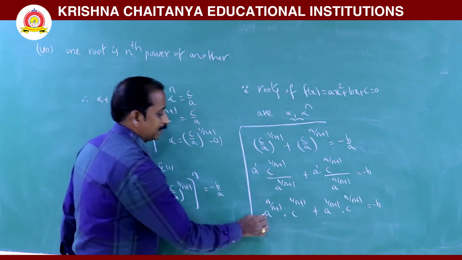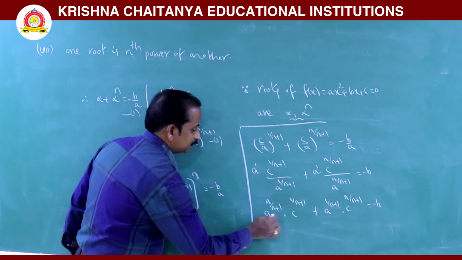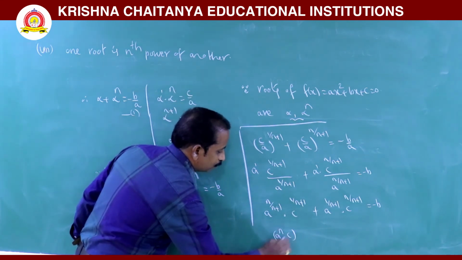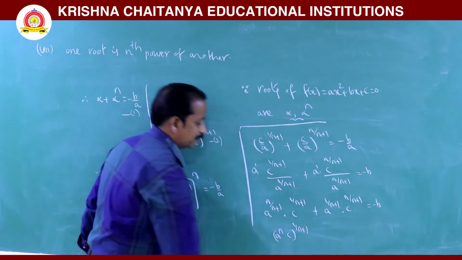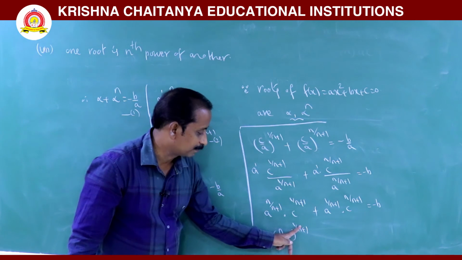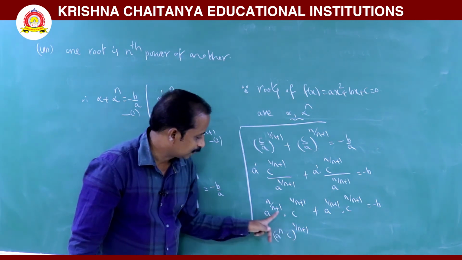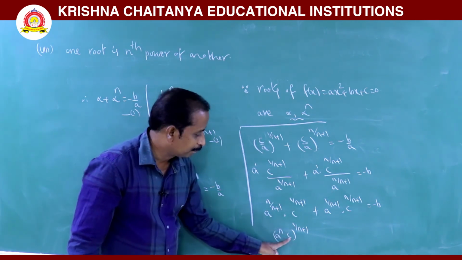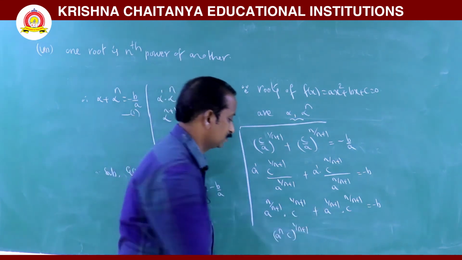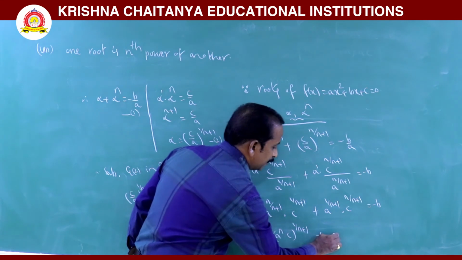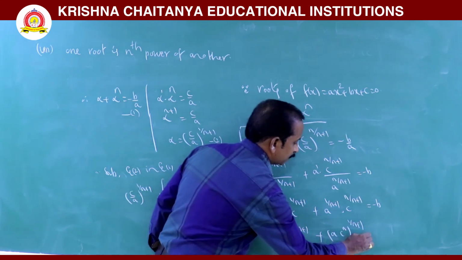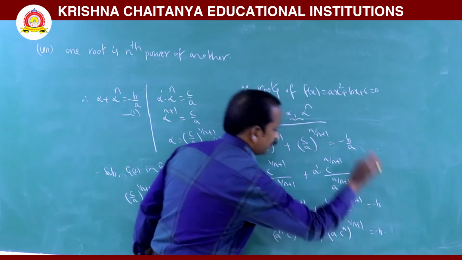Now I can write from this step a to the power of n into c whole to the power of 1 by n plus 1. Let us check (a by b) whole power m: a power m is this one, b power m is this one. In a similar manner we can write this one as (a into c power n) whole to the power of 1 by n plus 1 is equal to minus b.